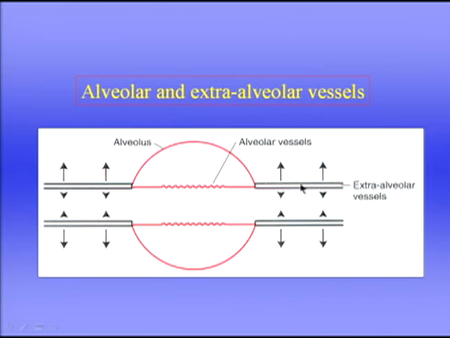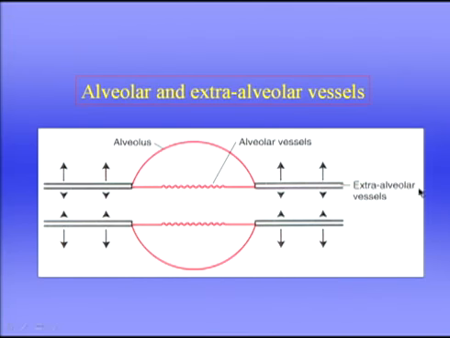Now, these extra alveolar vessels contain some smooth muscle and with a little bit of tone perhaps, and some elastic tissue, and so they have a tendency to become smaller. But they are actively pulled open by the radial traction of the lung parenchyma around them. The alveolar walls are pulling on the extra alveolar vessels and tend to hold them open.